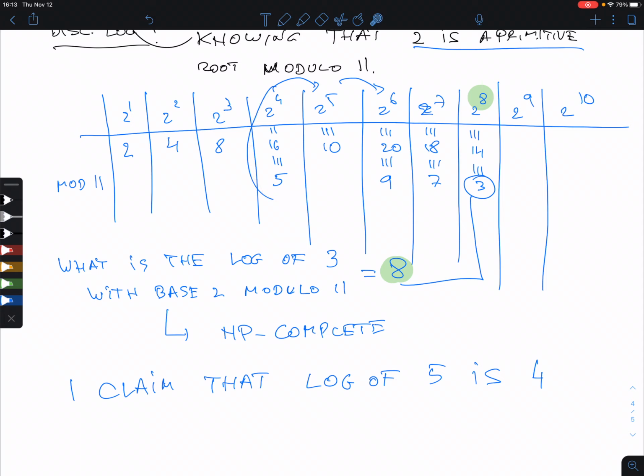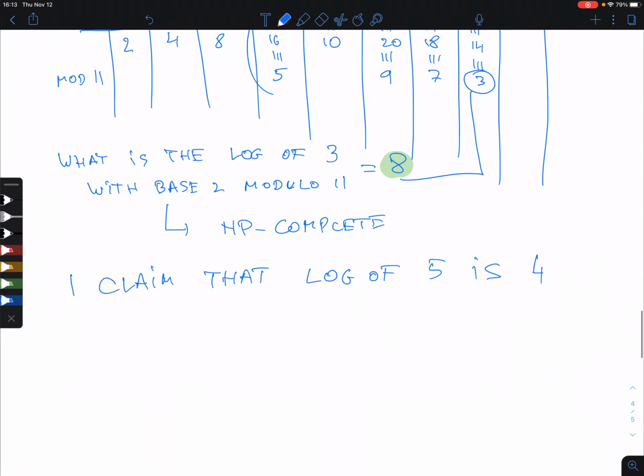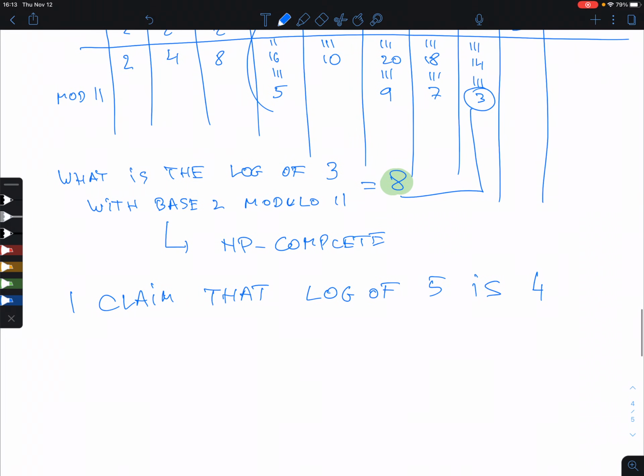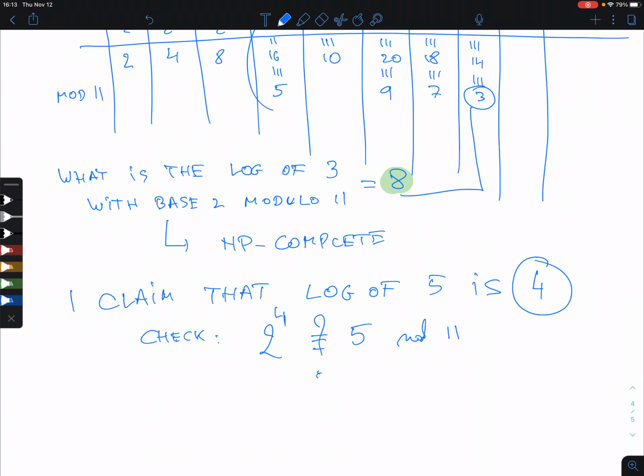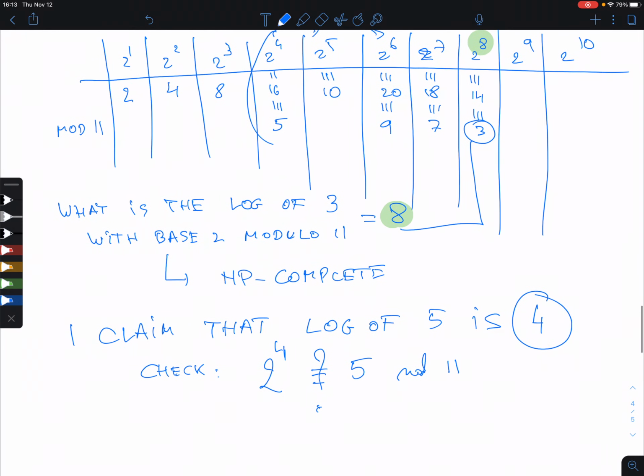The issue is that I can check this very easily. How do you check this? What I have to do is I take 2, my base, raise it to this exponent, and then verify that it is equal to 5. This is what I have to check. Is 2 to the power 4 equivalent to 5 mod 11?